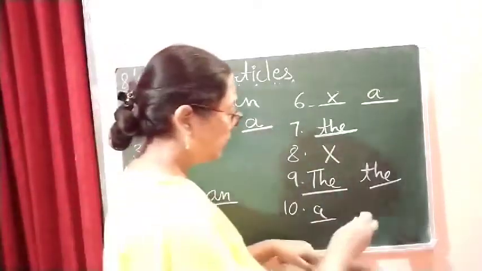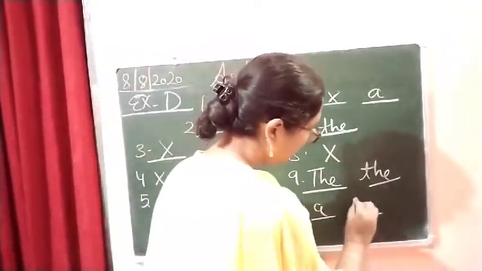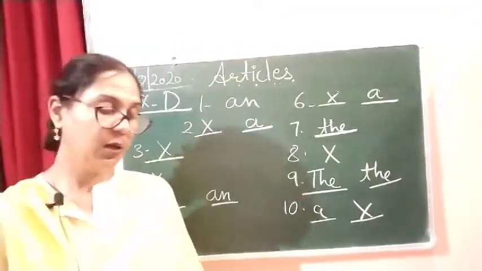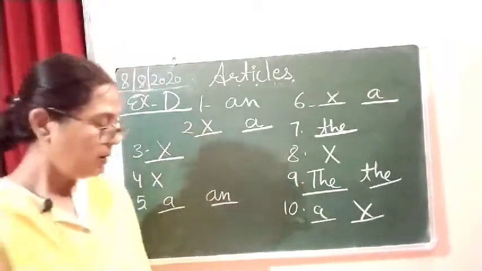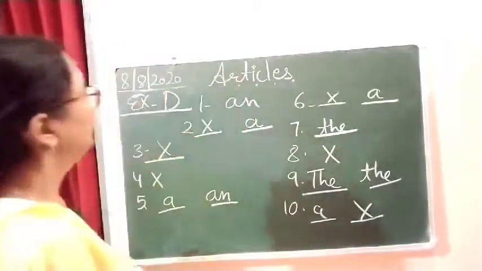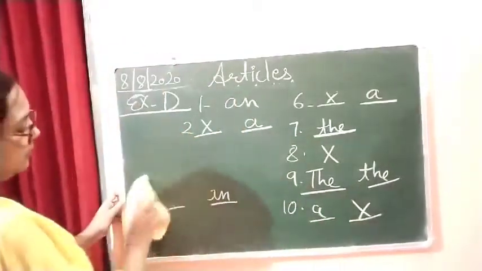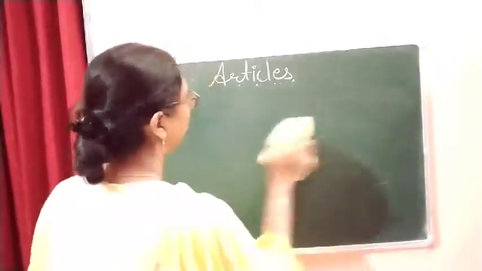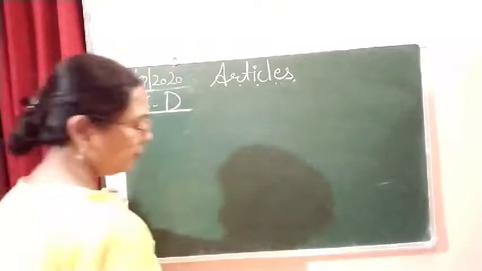So we are going to put a cross over there. Now number 10 we have already done. Now we are moving to number 11.